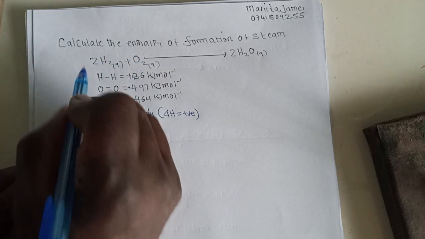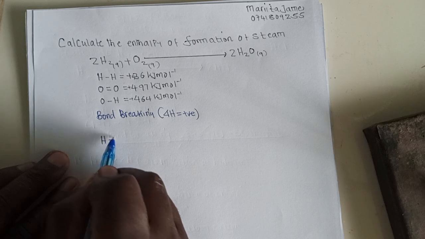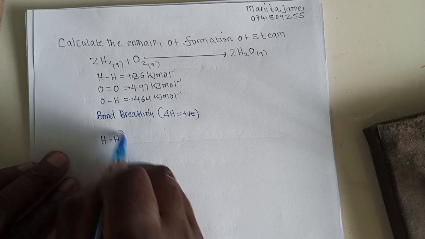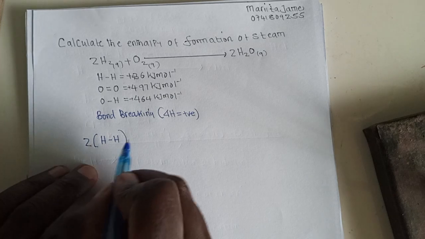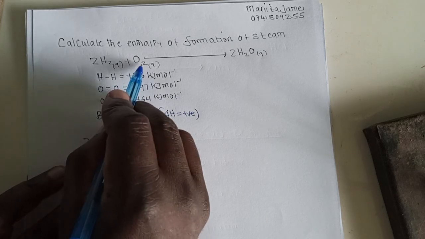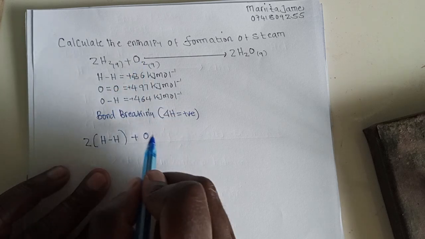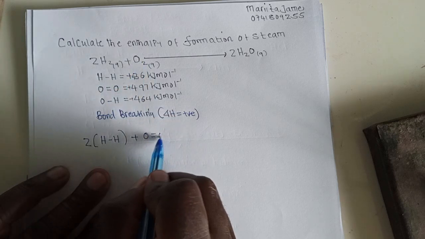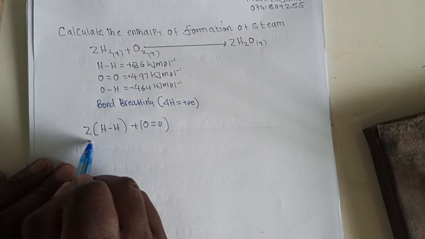So we have hydrogen, but now they are two, so we have 2 here. Then plus we have the oxygen molecule. You can see from the equation the oxygen molecule is that.